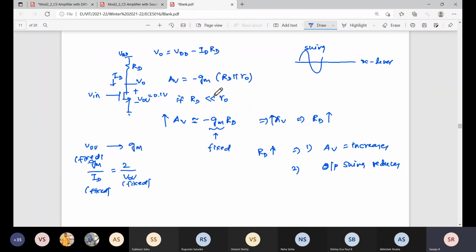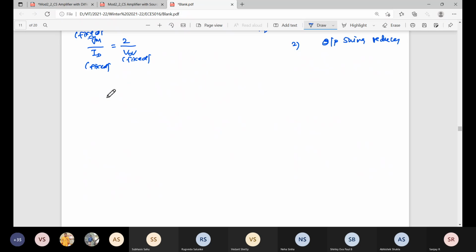You know the gain formula here. To increase gain, I am replacing RD by a current source. So what is the gain here?